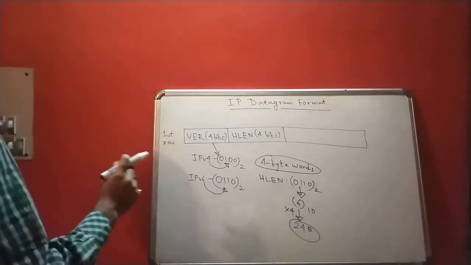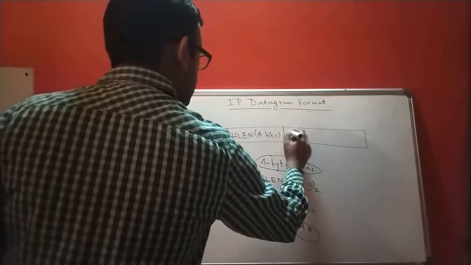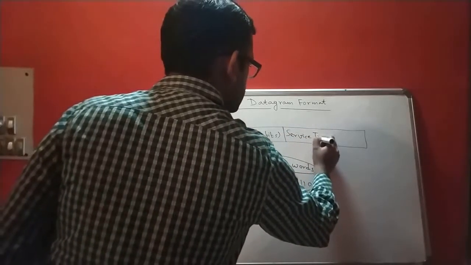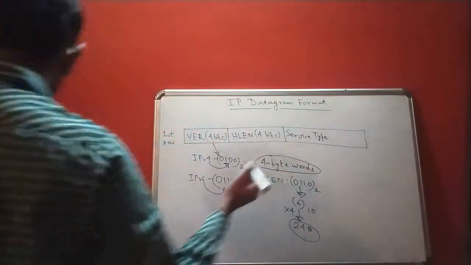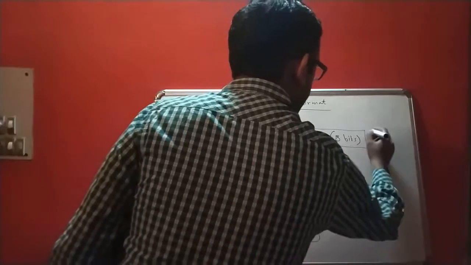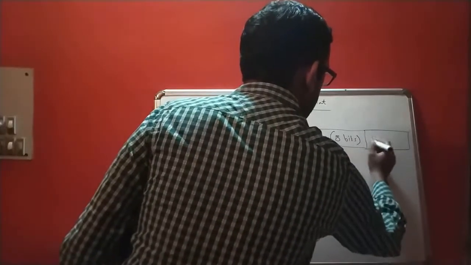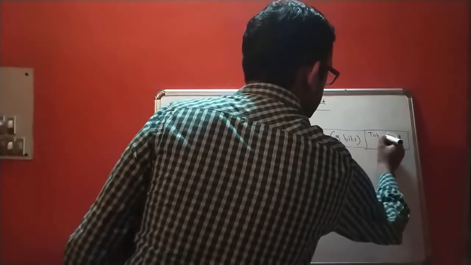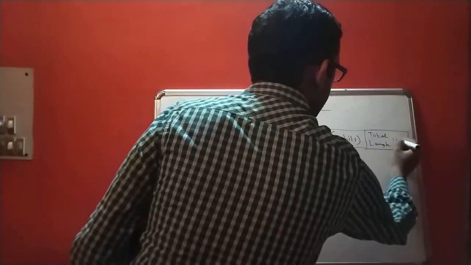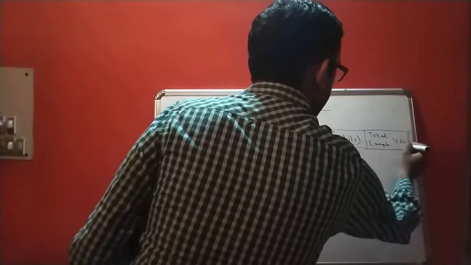The next field is called the service type field. The service type field consists of 8 bits. And there is another field called the total length field, which is made up of exactly 16 bits.